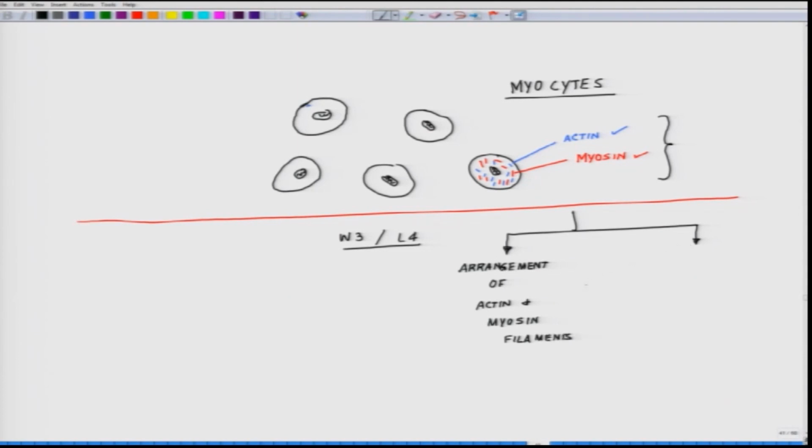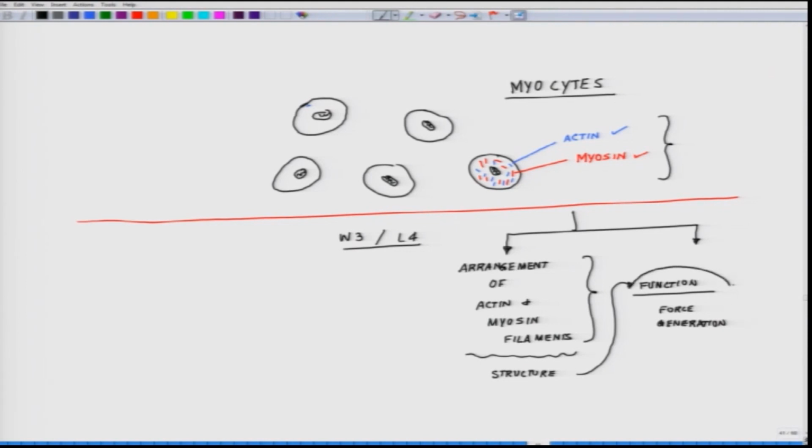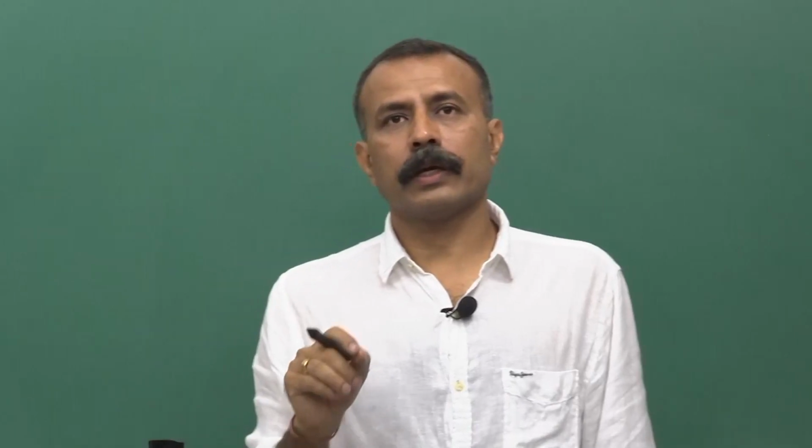The second aspect is how this arrangement, this structure, leads to the function, and the function is force generation. And in the case of muscle, this force generation is also linked to its electrical activity.